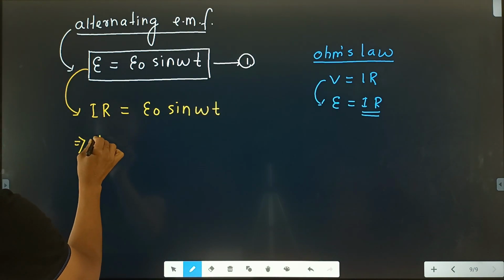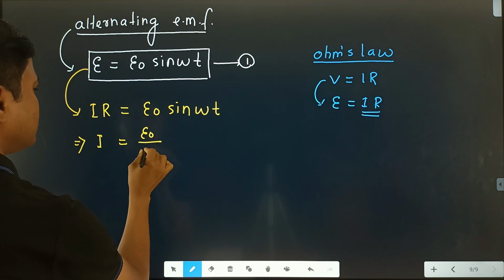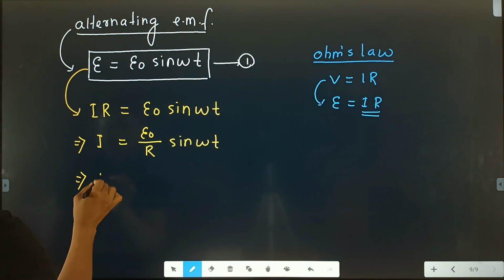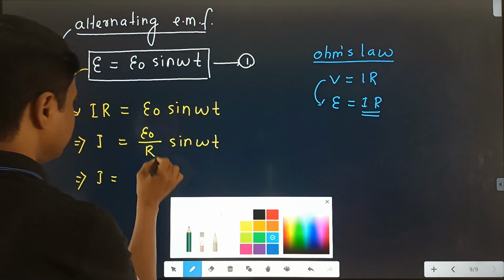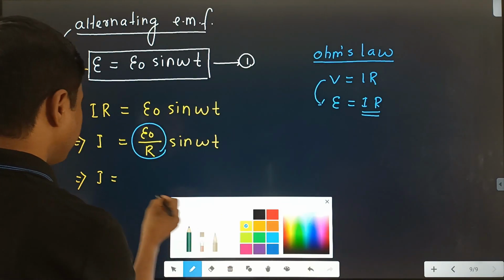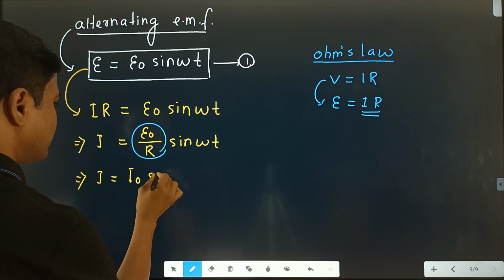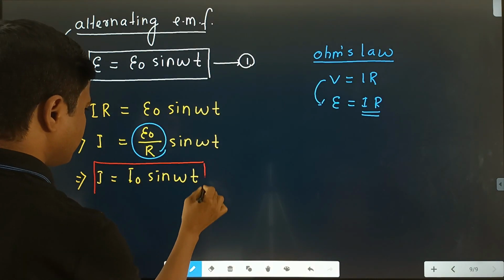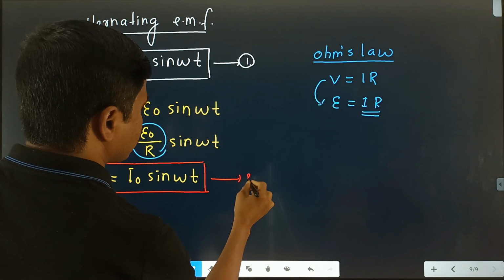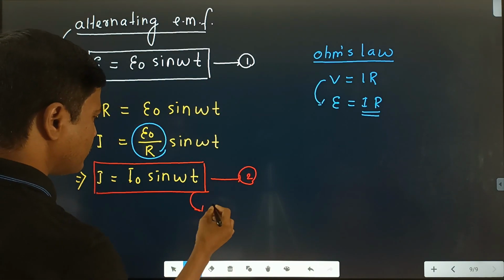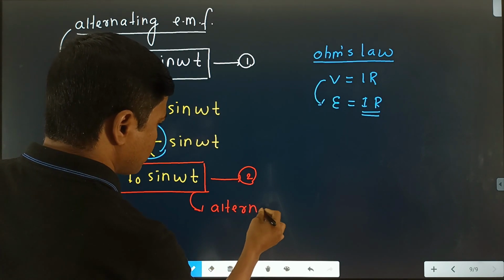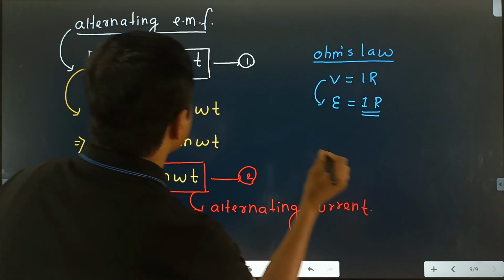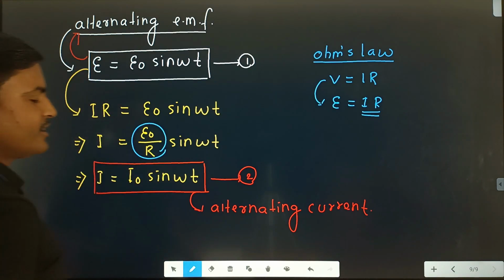That implies I is equal to E0 divided by R multiplied by sine omega t, and finally in place of E0 by R we write I0 multiplied by sine omega t, and this is the equation of an alternating current. And this is the equation of alternating EMF.